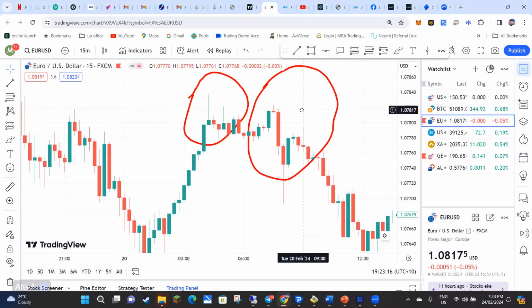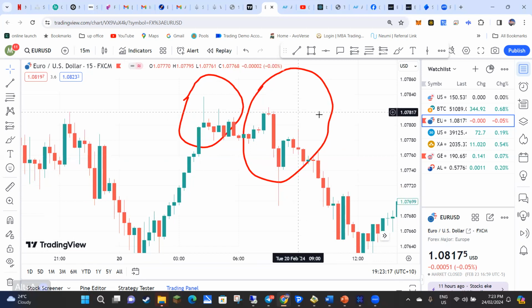Now, what Diane was probably also inferring when she mentioned that was that we might come across a better example, but sometimes you'll get this pattern and maybe this red candle went all the way down to here.